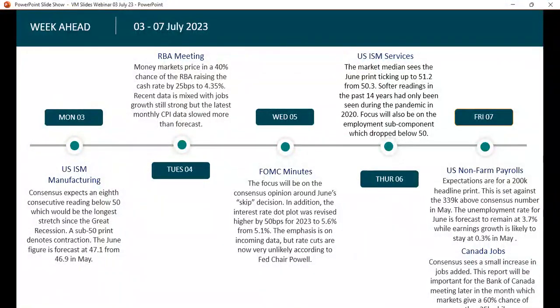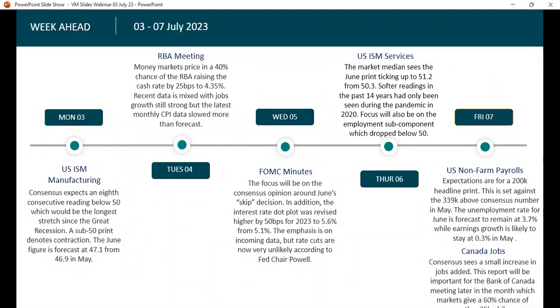But that softer reading, as you can see here, has only been seen during the pandemic. So the worry is that services is getting weaker and possibly moves towards 50 at some point. The question remains as to how resilient the service sector will be going forward, due to this decline in manufacturing and the lagged effect of all of these prior interest rate hikes that we've seen.